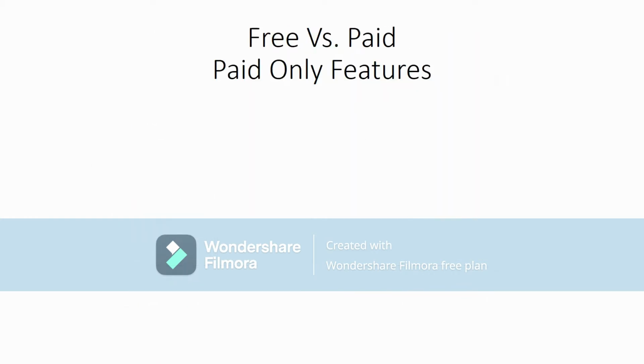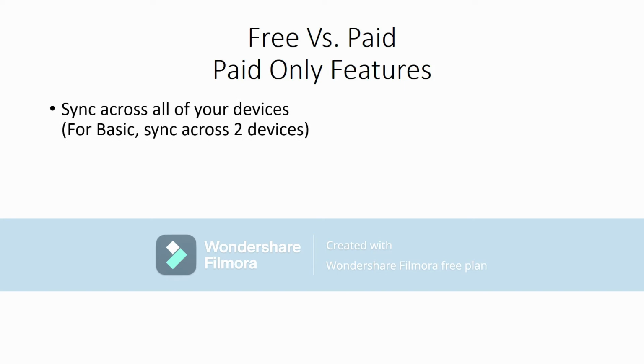So now that you've seen what's available in the free version, we want to make note of those things that are only available for paid subscribers. If you're going to be syncing your data across all of your devices, then you will need a paid version. If you're going to use the free version, you can only use 2 devices. Now, just so that you'll know, the web is not considered to be a device.